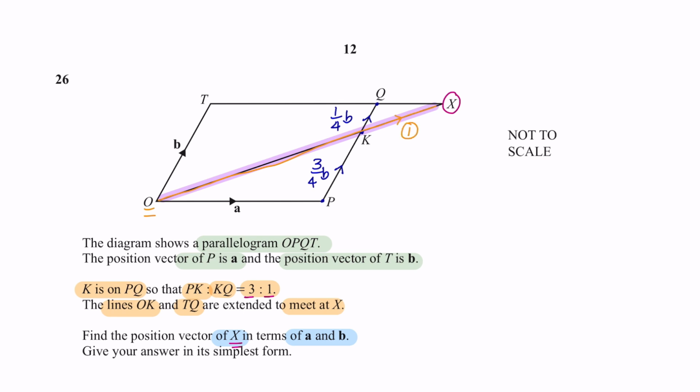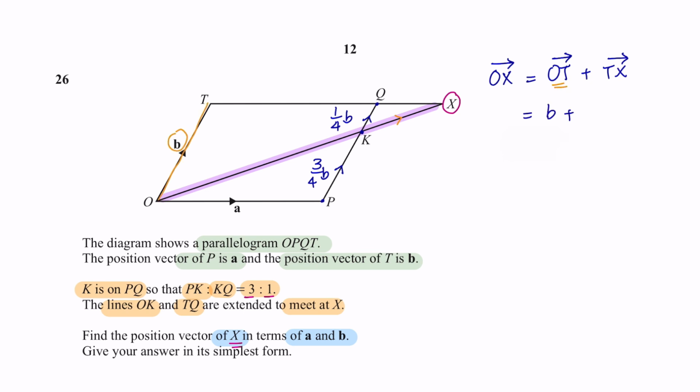And another way to reach X is if you go to T, and then you go from T to X. So writing this in an equation means that to reach X from your center O, you can also do OT, and then from T go to X. The magnitude of OT, which is this line, is b.